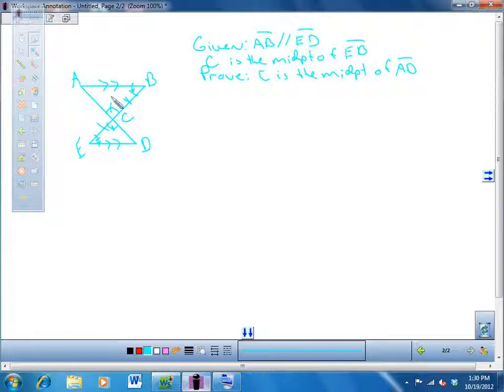Therefore, how could this triangle here be congruent to that triangle there? Angle, side, angle. Therefore, what would have to be true about AC and CD? They're congruent, and because they're congruent, then C is the midpoint. Okay, so that's kind of the reasoning they have to use.